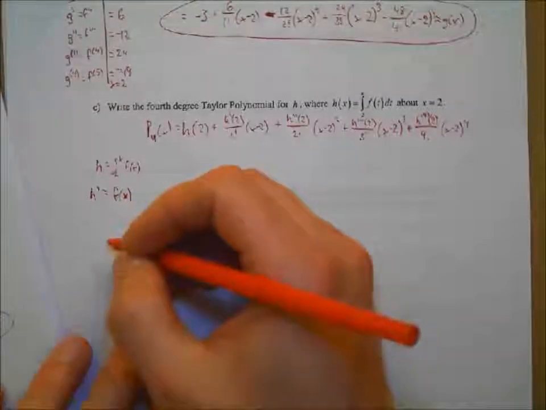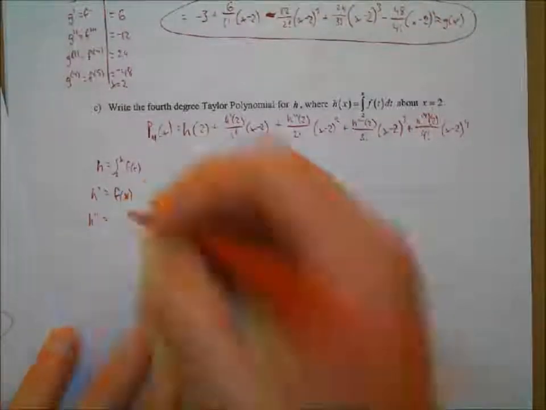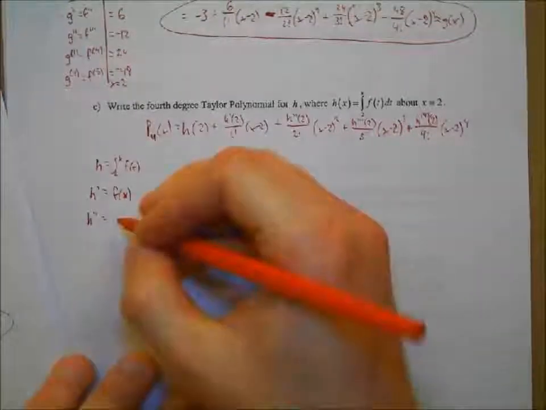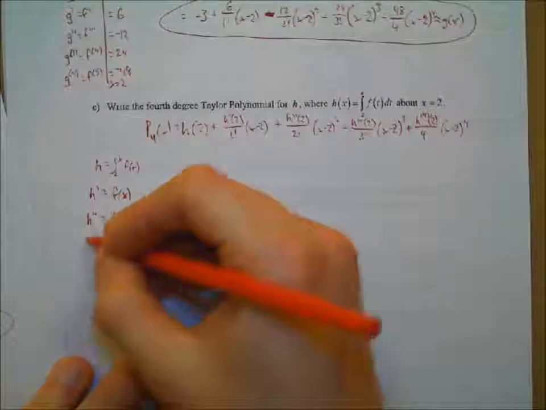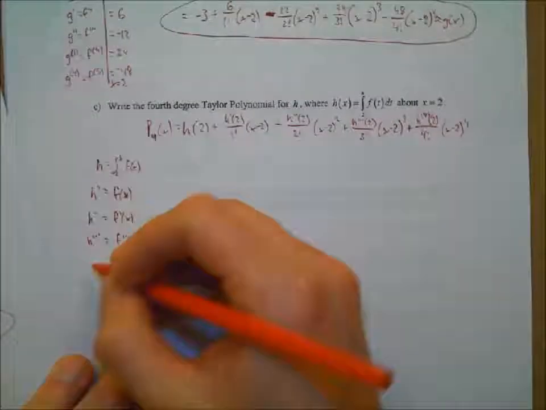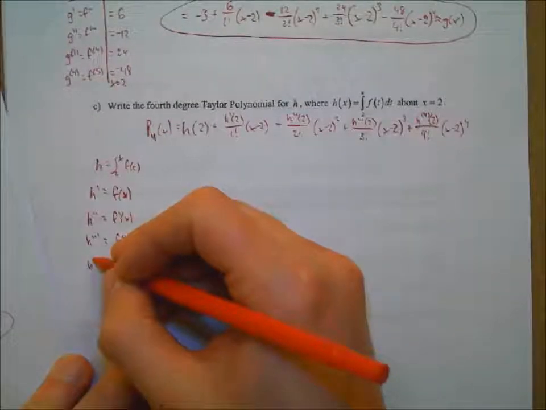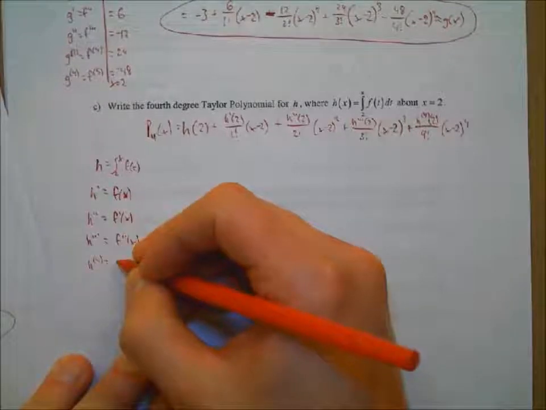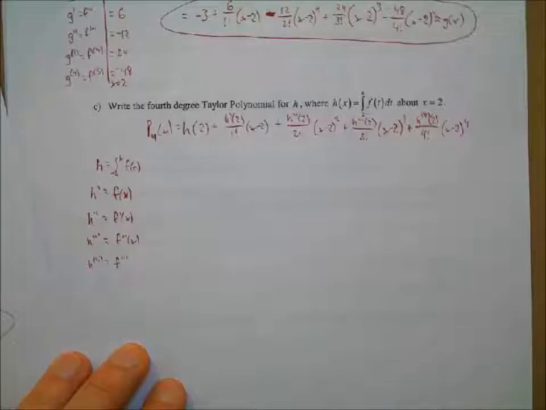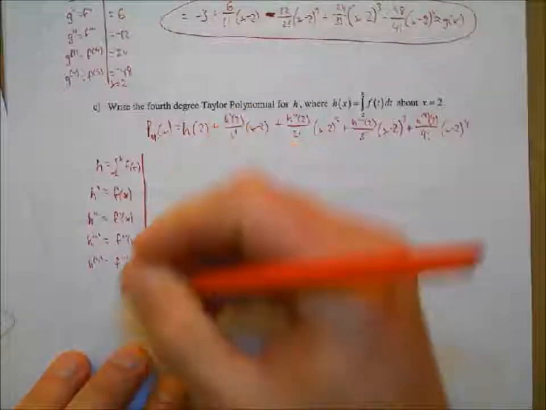But the next part's easy. What's h double prime equal to? F prime, right? Yeah, the surprise isn't so surprising now. And then f double prime is equal to h triple prime. The fourth derivative of h then is the third derivative of f there. I don't know why I wrote all those x's, but you get the idea. Evaluated at x equals 2.